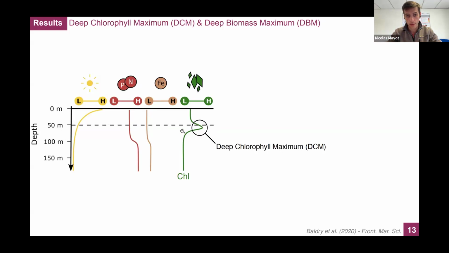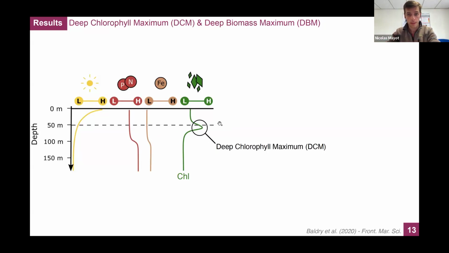So the phytoplankton is either increasing its chlorophyll content to be able to harvest the low light available here, or is growing at depth, so there's a real increase in biomass, with more phytoplankton cells at depth to harvest both the light and the nitrate and iron available in the subsurface.